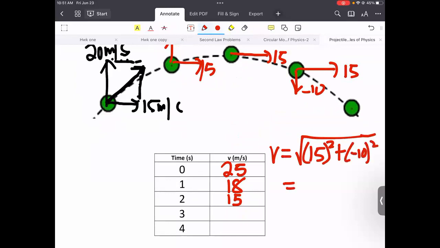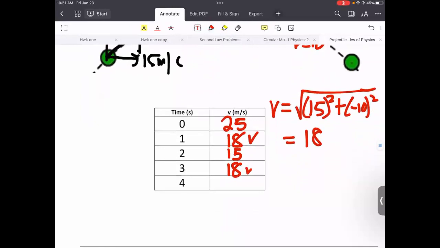So let's try that. 15 squared plus 10 squared, then raised to the power 0.5, or square root of that, I should say, is 18. Are you surprised? So we get 18, same as that. All right, can you guess what will be the last one? As you can guess, the speed will be 25.